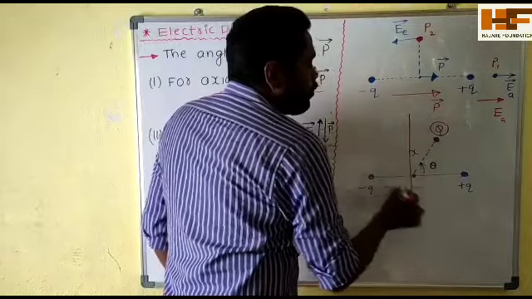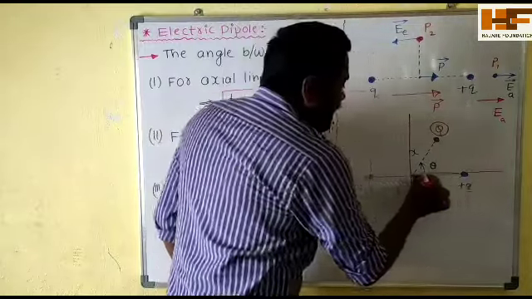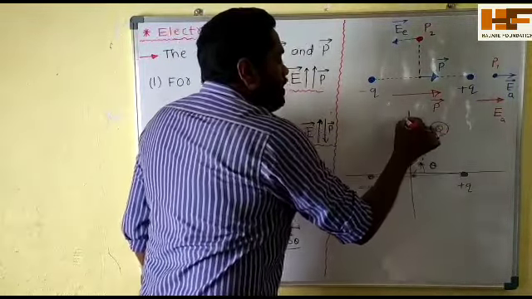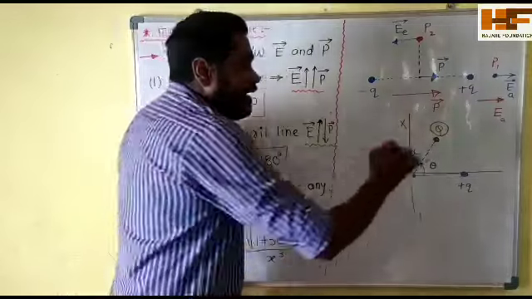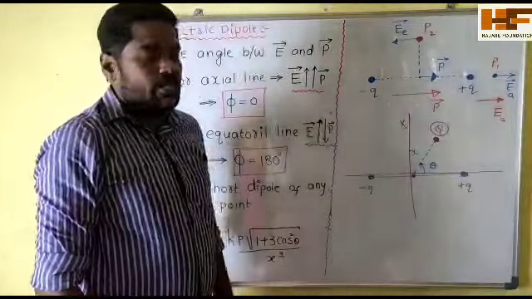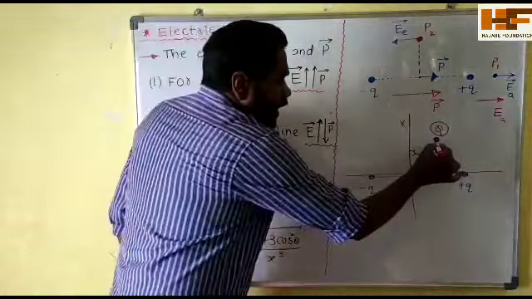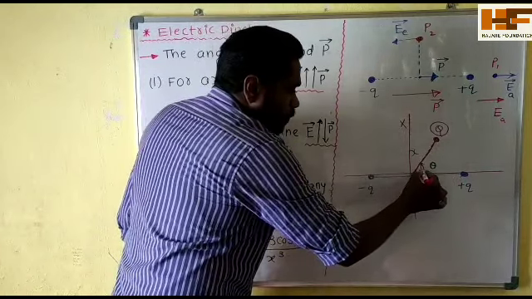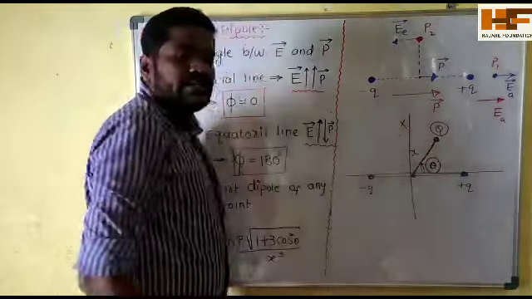This is the equatorial line, and this is the axial line. This point does not lie on the axial line or the equatorial line. Therefore, the line joining the position of the point to the center of the dipole makes an angle theta.